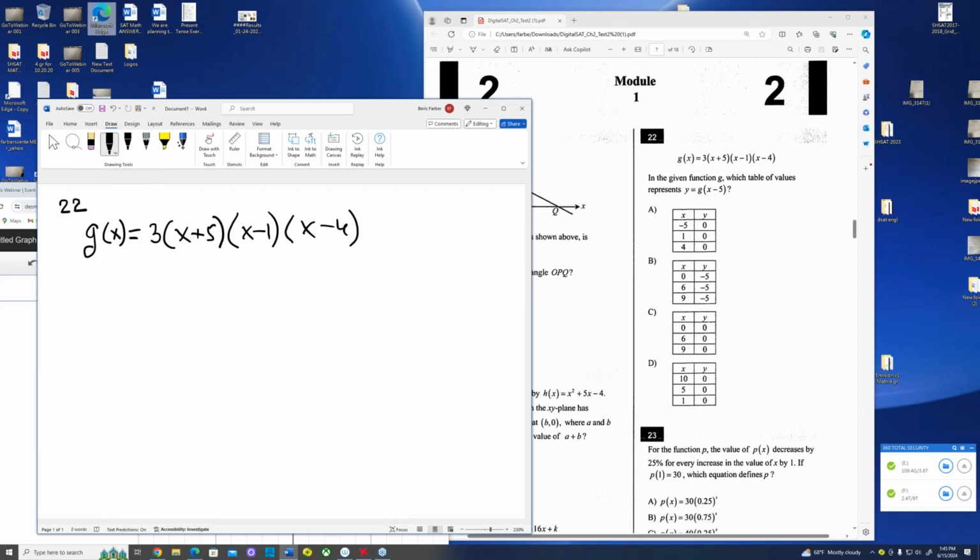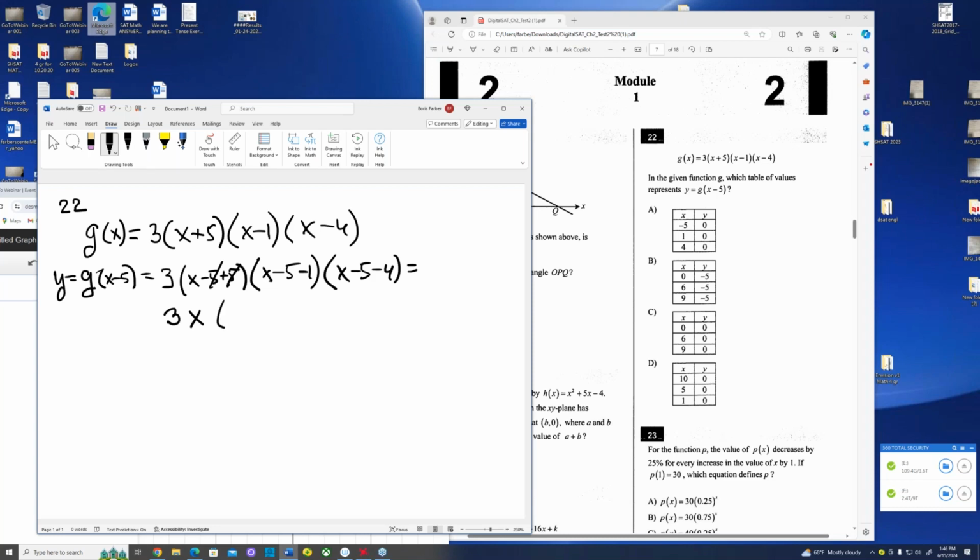And y equals g of x minus 5 equals 3 times, instead of x, x minus 5 plus 5, times x minus 5 minus 1, times x minus 5 minus 4, equals 3, cancel out, times x.